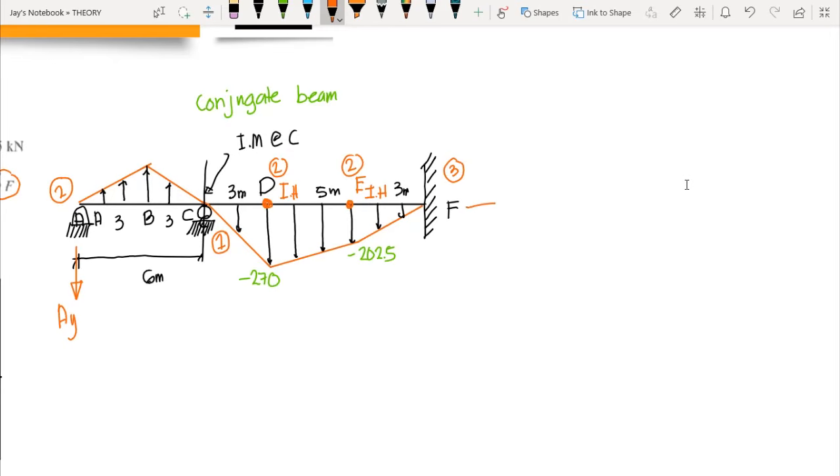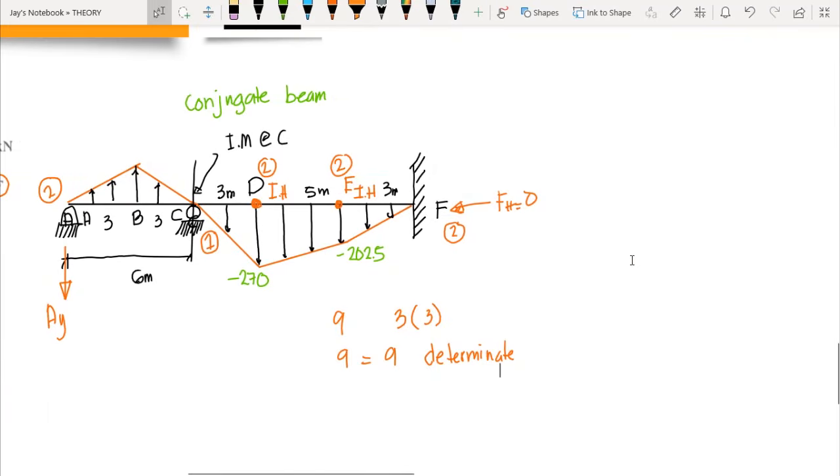So we can say that our horizontal force at point F is equal to 0. So the only reaction that we have at point F is 2. Therefore, we have 9 reactions. Then we have 3 times the number of rigid members, which is 3. Therefore, we have 9 equals 9. That means this one can be computed using the process for determinate. So again, we need to compute the value of AY.